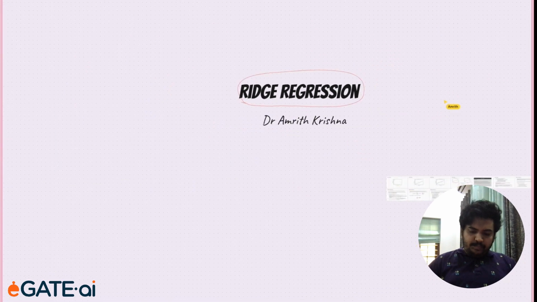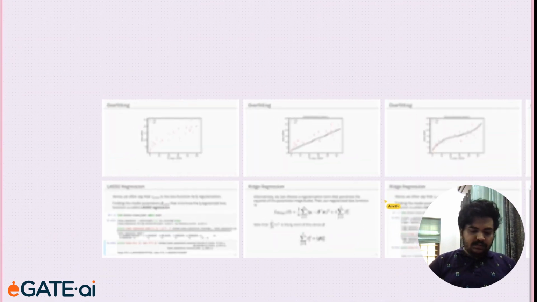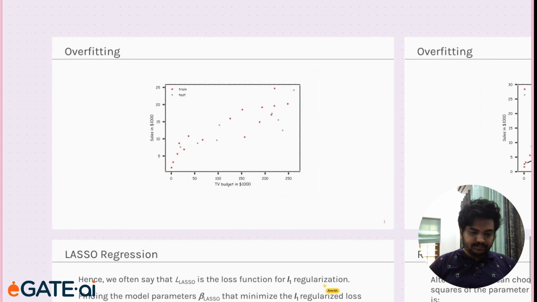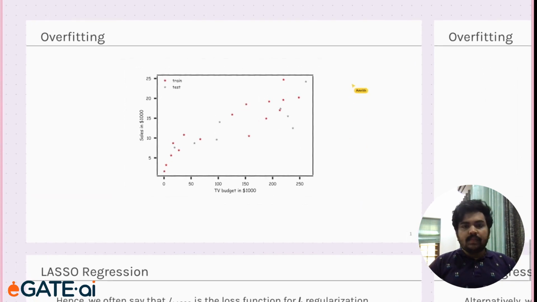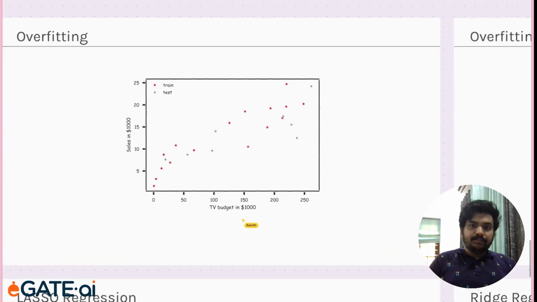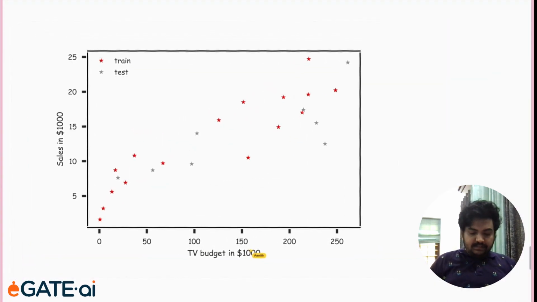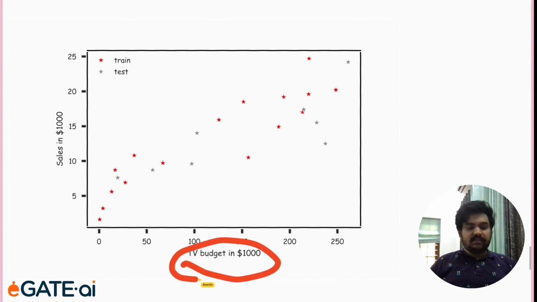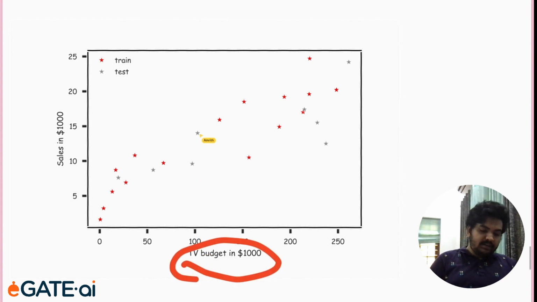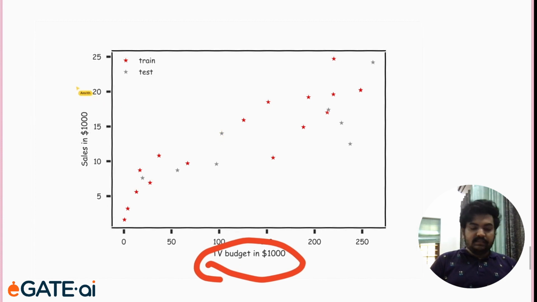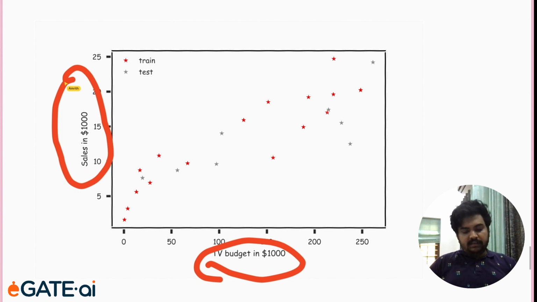So now let us look into the plot shown here. As we may see, the x-axis represents the predictor, which is the TV budget, and the y-axis represents the target variable, or the sales that a company is expected to gain by marketing with the TV budget as shown in the x-axis.